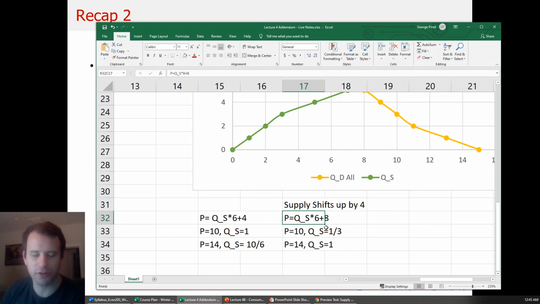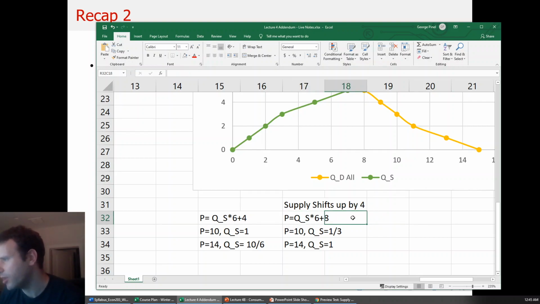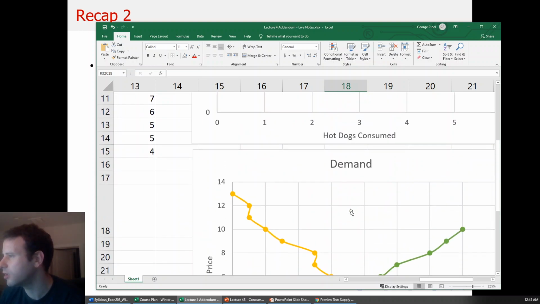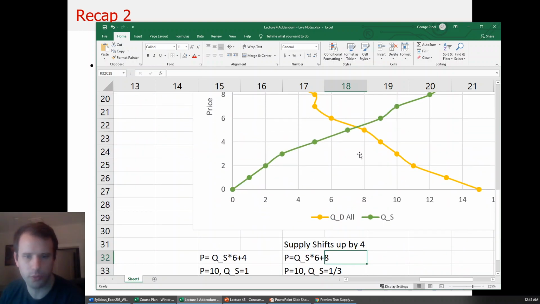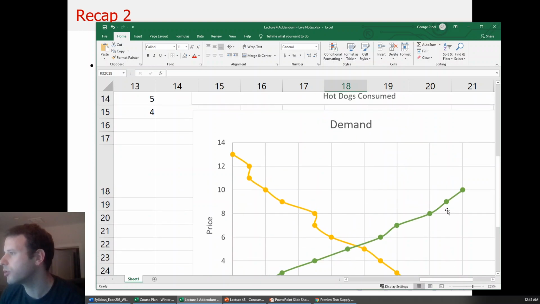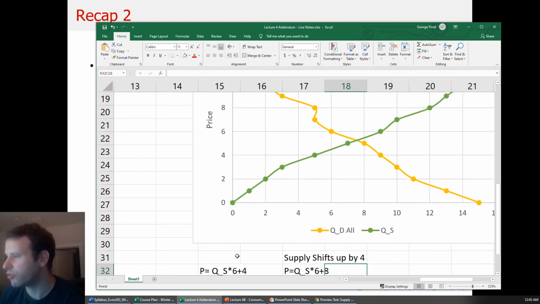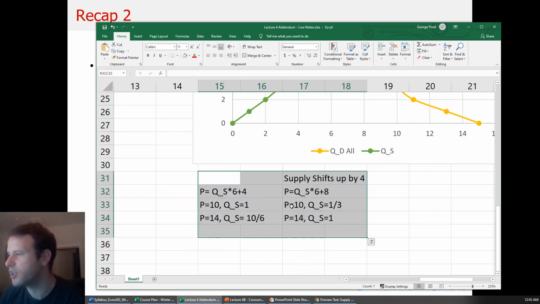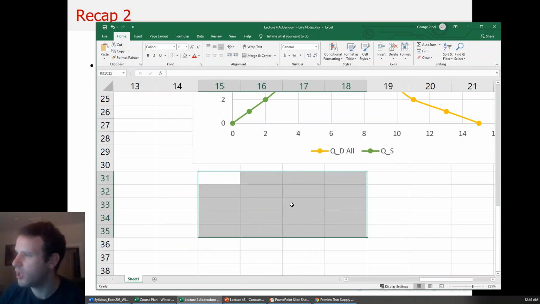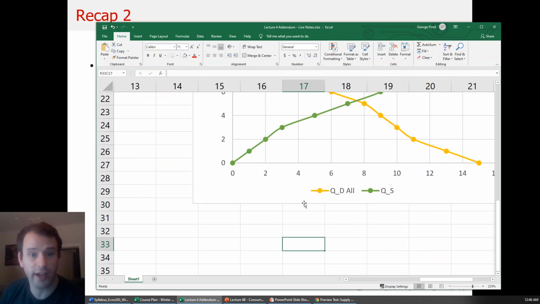I think it goes down essentially 2/3 for each one of these, and that's just because of the slope of 6. So a supply shift is a movement of the curve, and let's clarify it graphically.